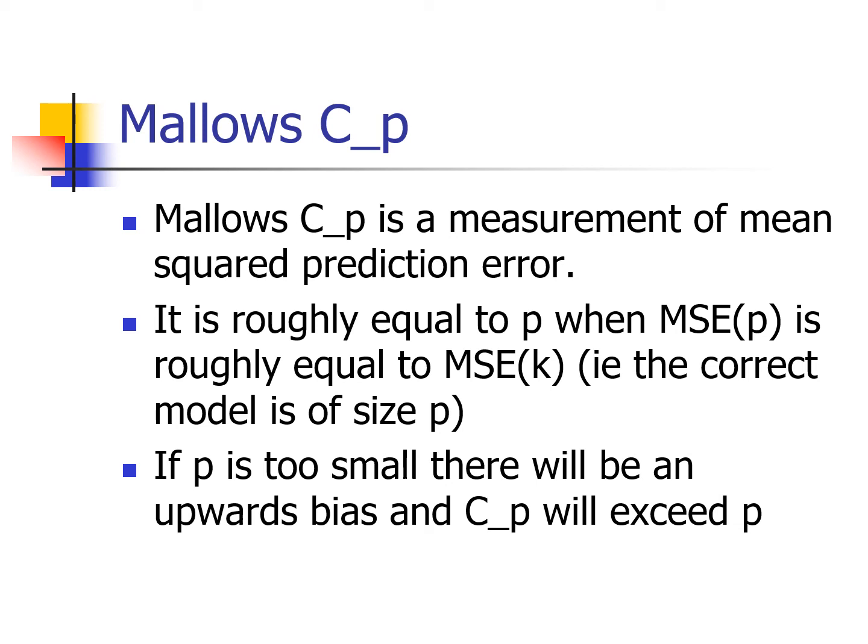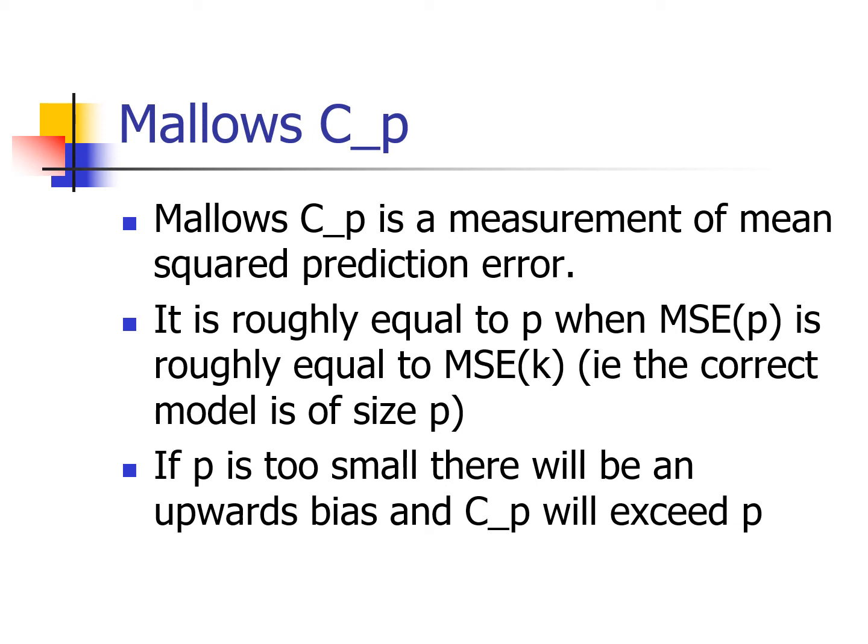So Mallows' Cp, I talked about that a little bit in some of the previous slides. Mallows' Cp is referred to as a measurement of the mean squared prediction error. And like I talked about, it's roughly equal to p. I showed this in the equation. It's roughly equal to p when the MSE of our p-variable model is equal to the MSE of the k-variable model.